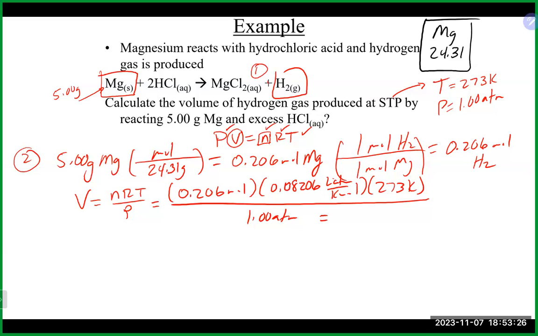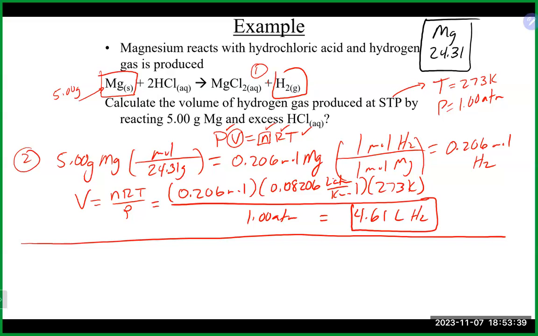Hit the right buttons, and that gets us 4.61 liters of H2, which would also be a theoretical yield in this particular case. Any questions on that calculation there?